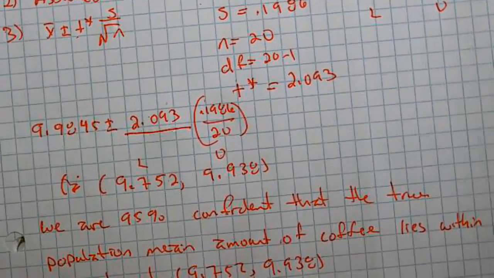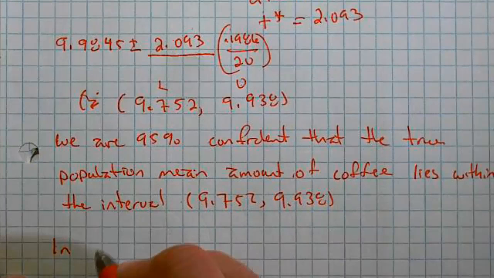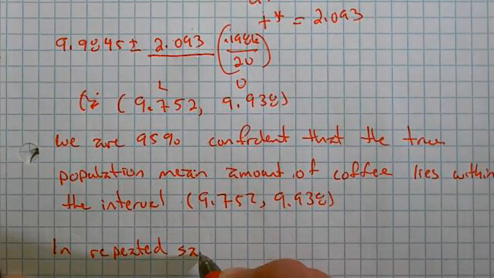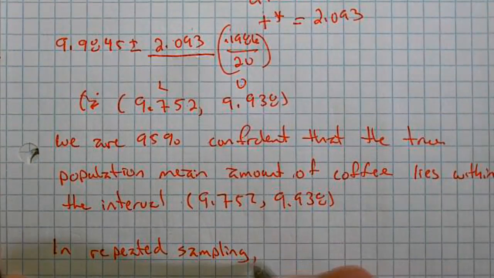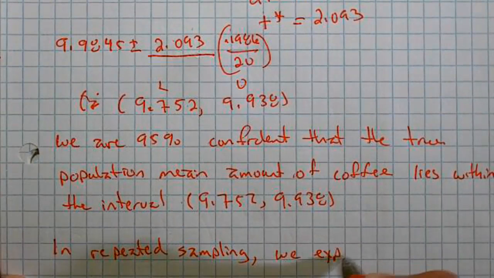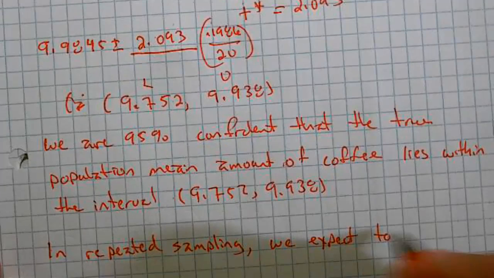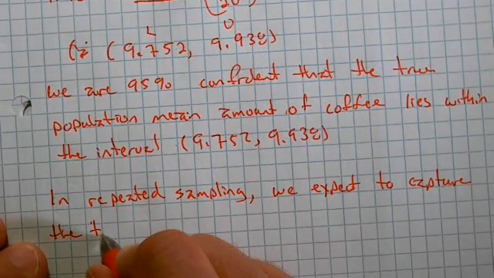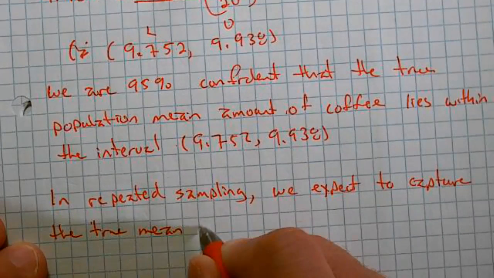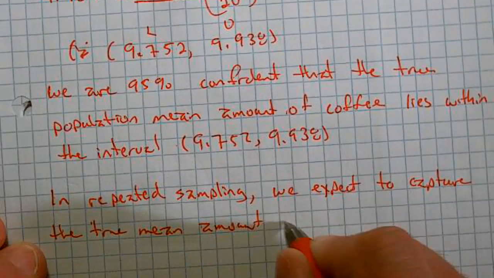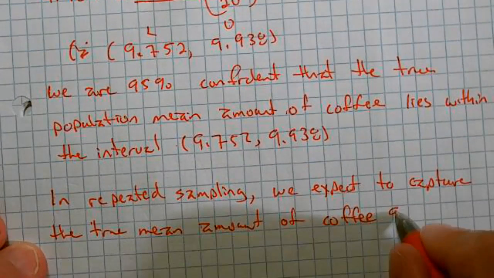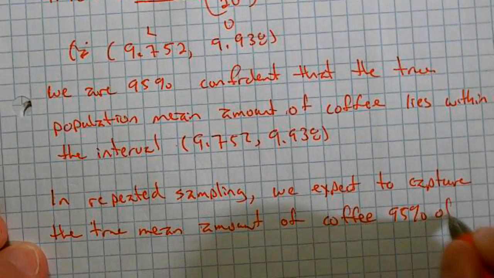So in repeated sampling, we expect to capture the true mean amount of coffee 95% of the time.